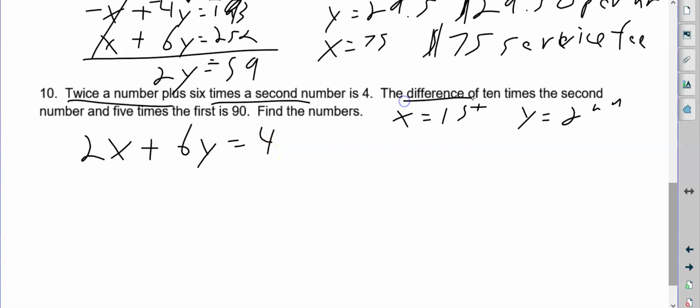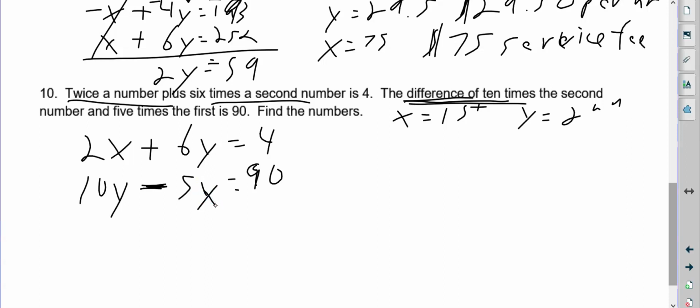Now, the difference, which means we have subtraction, of 10 times the second number and 5 times the first number. Now, some of you might just want to do 5x minus 10y, but generally we go in the order that we read it. So the difference of 10 times the second number and 5 times the first number is 90. If you do it the other way, you're going to get a different answer.